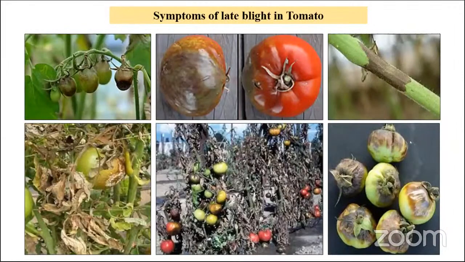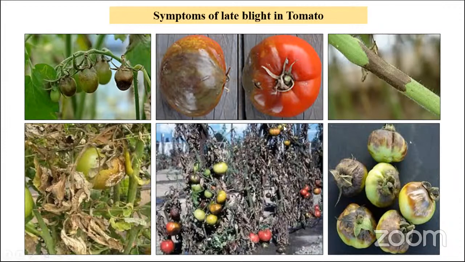These are the symptoms of potato blight or Phytophthora blight in tomato. That's why we are managing the diseases together. Late blight in potato and tomato and many other solanaceous crops is caused by Phytophthora infestans.